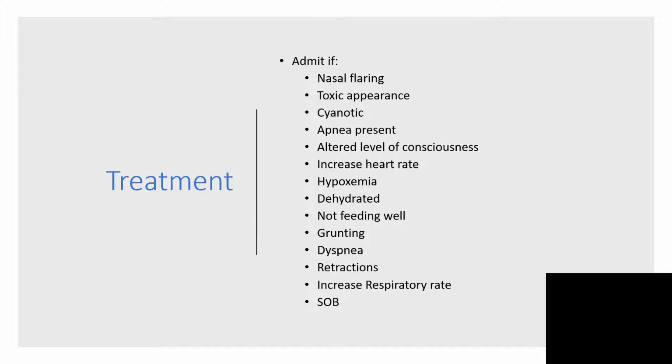Please admit. The mother is complaining that this child is not feeding well, not sucking well if still an infant, or not feeding well if older than that. Grunting respiration, and dyspnea, retraction, and increased respiratory rate. We're going to admit. I'm going to admit any child with shortness of breath.